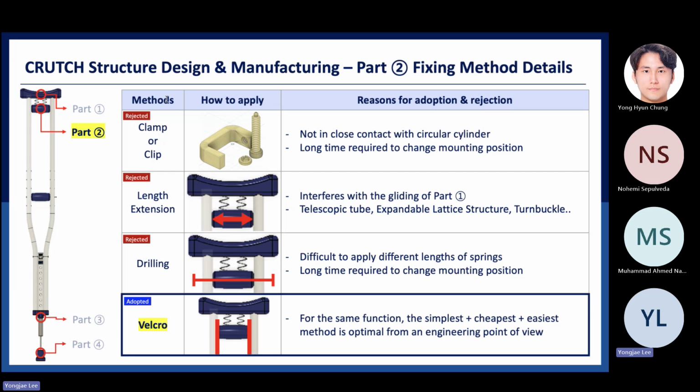Also, drilling was rejected as well because the movement of Part 2 became impossible. The final method was to remove and attach Part 2 using Velcro. It was finally adopted because it is the simplest and cheapest method for both strong fixation and fast movement.